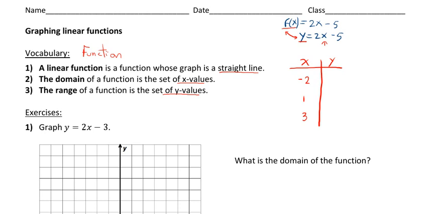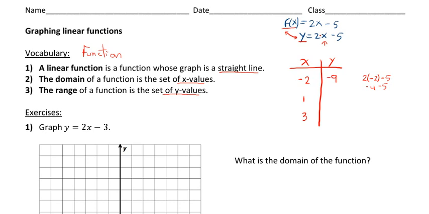So we have 2 multiplied by the value of x, and then we subtract 5. In this case, it would be 2 multiplied by -2, and then we subtract 5, so that is -4 minus 5, so the value of y is -9.